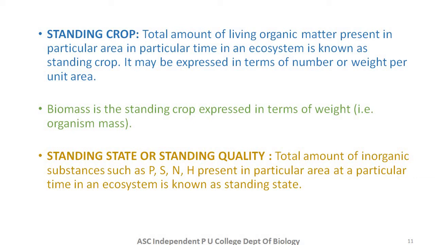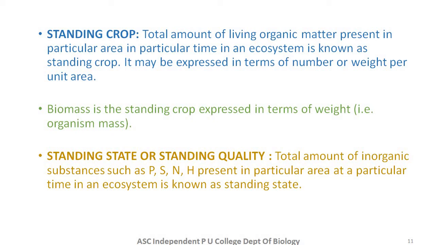Dry weight is what? Dry weight is the organic matter excluding the water content present in the organism. Biomass, we just say that it is the living organic matter, and in the organic matter you will find even water. But when you exclude water, what is left is only your dry weight. And that's the very accurate way of measuring biomass.